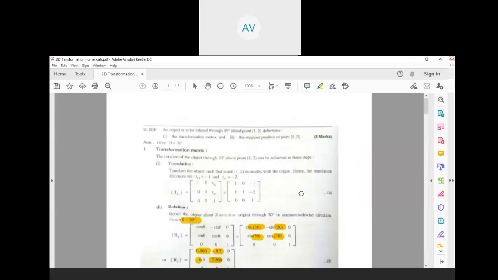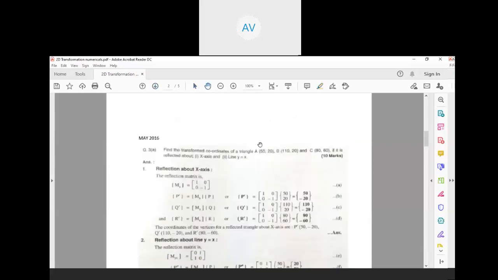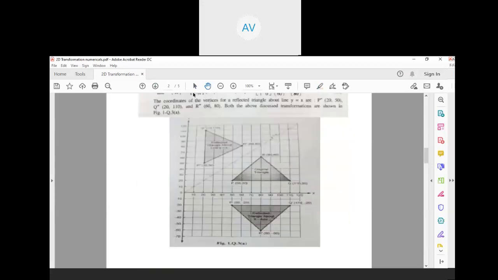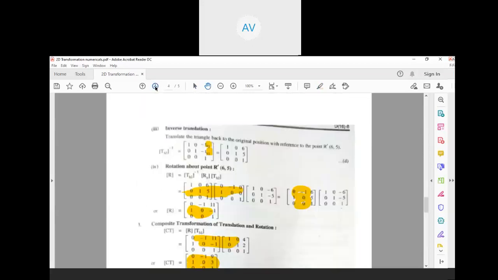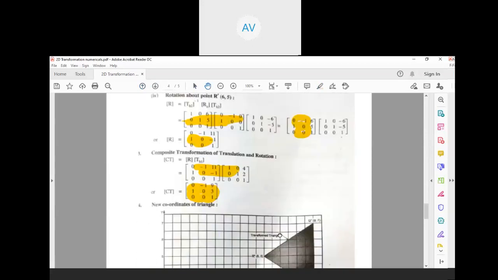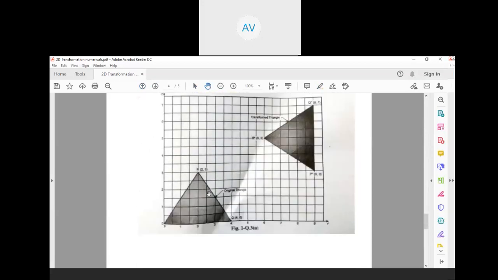And after that we will do the geometric representation. On graph paper we draw the original triangle which has the coordinates 0 0, Q value 4 comma 0, and R value 2 comma 3.